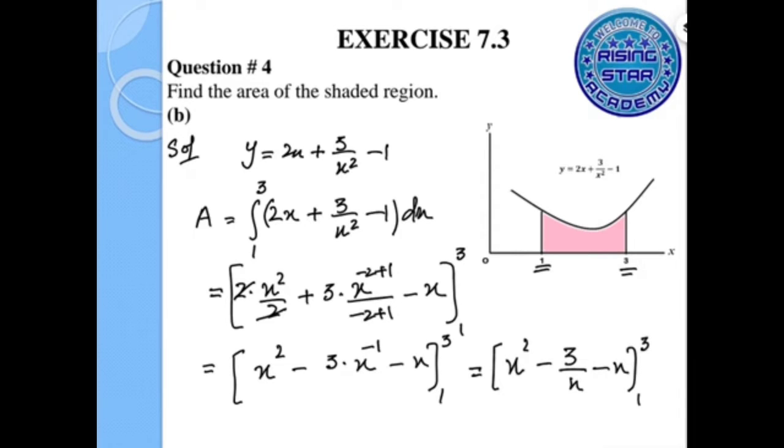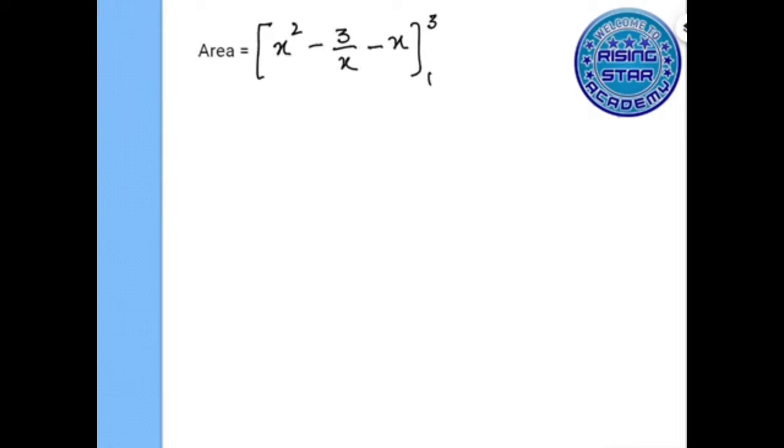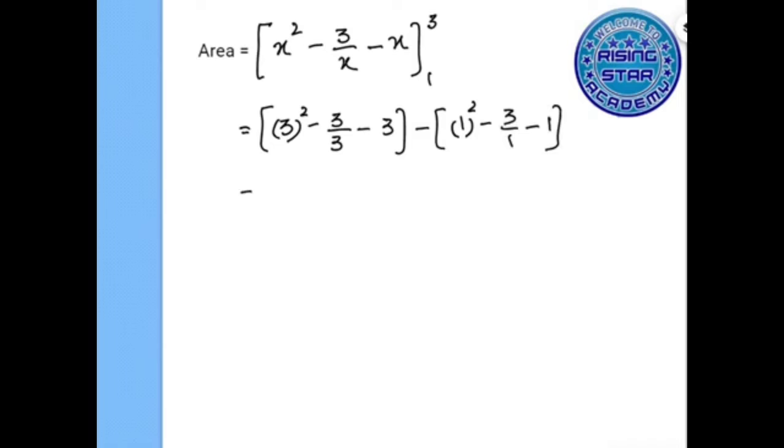Now I will plug in the limits. So that is 3 squared minus 3 over 3 minus 3, then 1 squared minus 3 over 1 minus 1. We have 9 minus 1 minus 3, then 1 minus 3 minus 1.